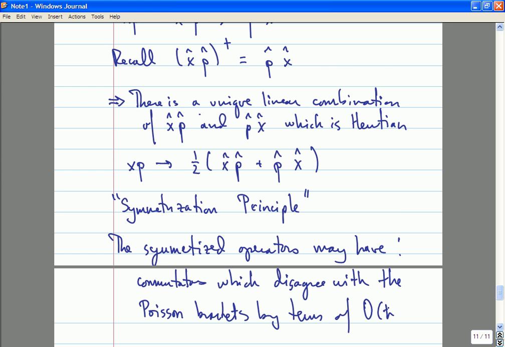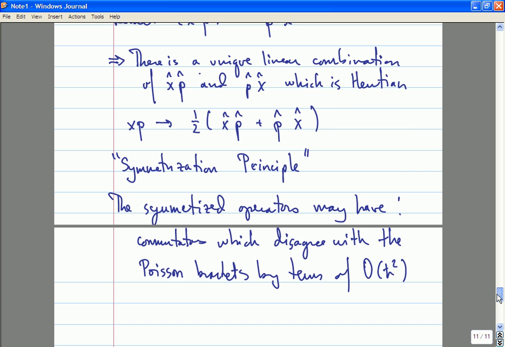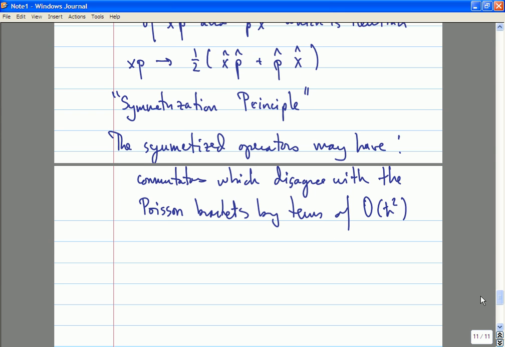So the simplest example is, it turns out that if you look at the operator xp and you compute its Poisson brackets with x and p, then that will in fact equal the commutators of the symmetrized operator. But you could consider an operator like x squared times p squared, which is nonlinear. Then when you quantize, you'll get 1/2 (x hat squared p hat squared plus p hat squared x hat squared).